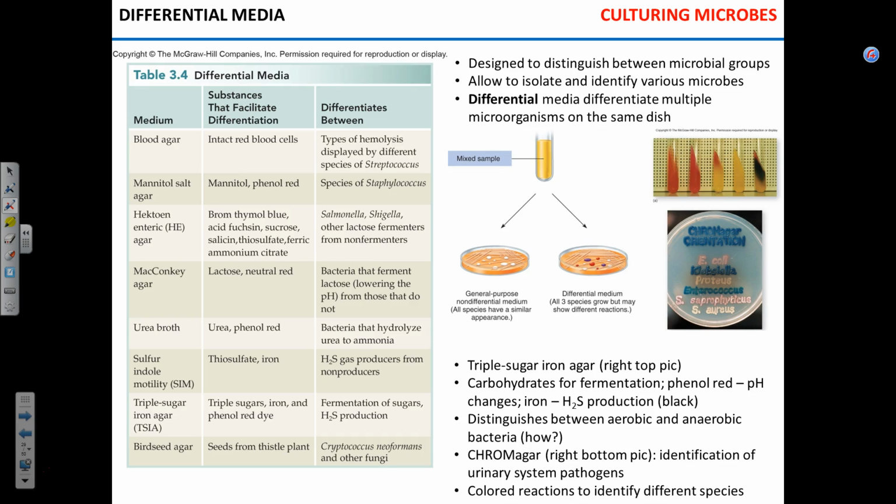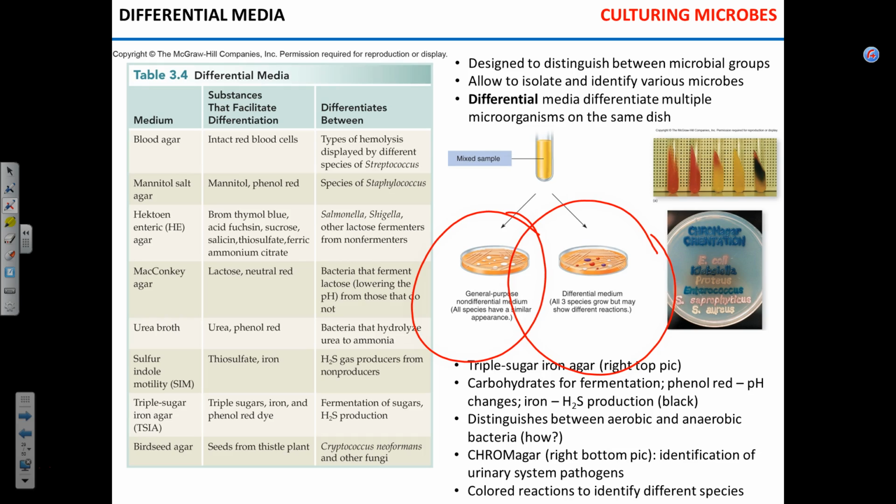So imagine that you have a general purpose media here that maintains growth of a number of species. They can be of different sorts, those species, but they all, for some reason, appear the same on the plate. If you use differential media, magically, well, not magically, it's a science, microbes will appear in different colors, for example.